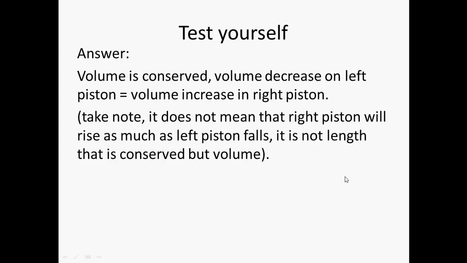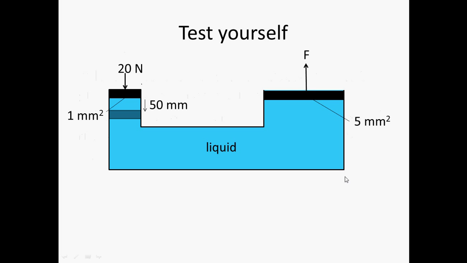I'm going to explain a little bit more. Look at this diagram again. What I'm trying to say just now is that if this goes down by 50 mm, it does not mean that this will go up by 50 mm. This is just the change of length, but actually what happened is there's an exchange in volume.